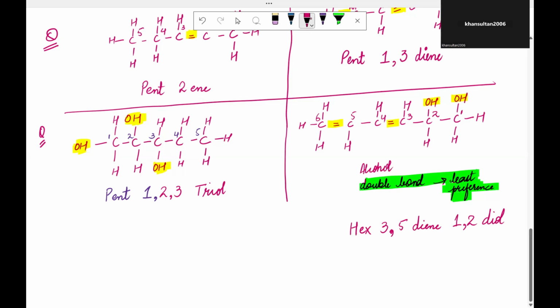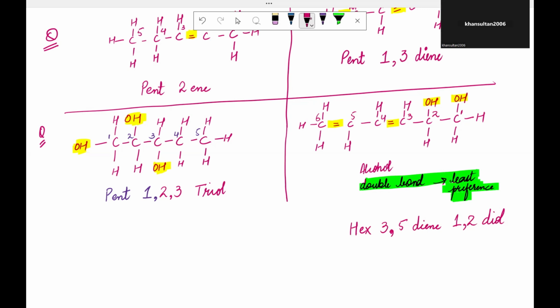Is that clear, Sultan? Yes, just a question. Is the prefix just hex or is it hexan? No, it's just hex. It's basically hex, and 3,5 would be diene, and 1,2-diol.